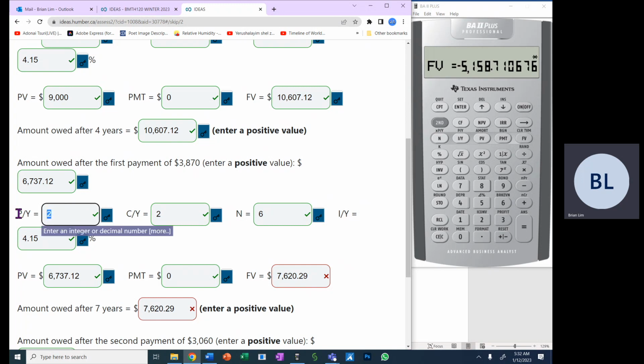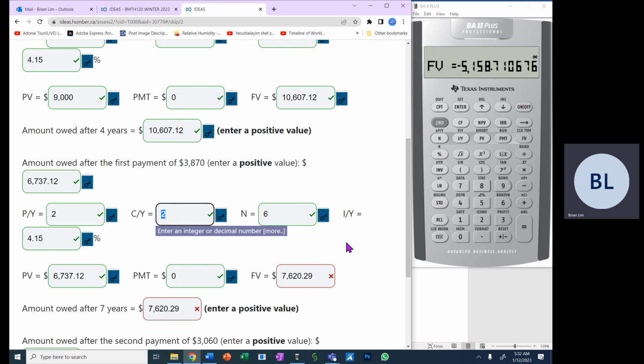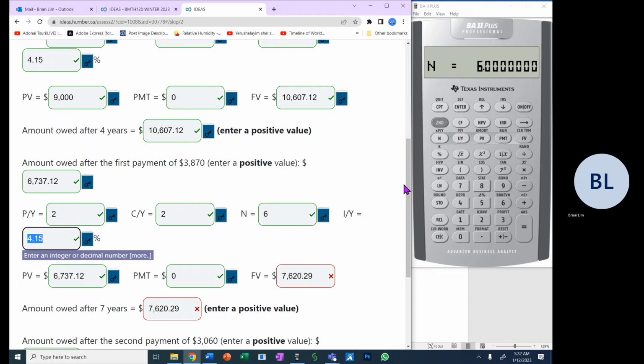Okay, so what you do, you must always go back and check these numbers, right? So we will do that, and we find out that 2 and 2. So that is quite clear. N is 6. Looks like everything is correct. And we'll check for this value here, which is what?